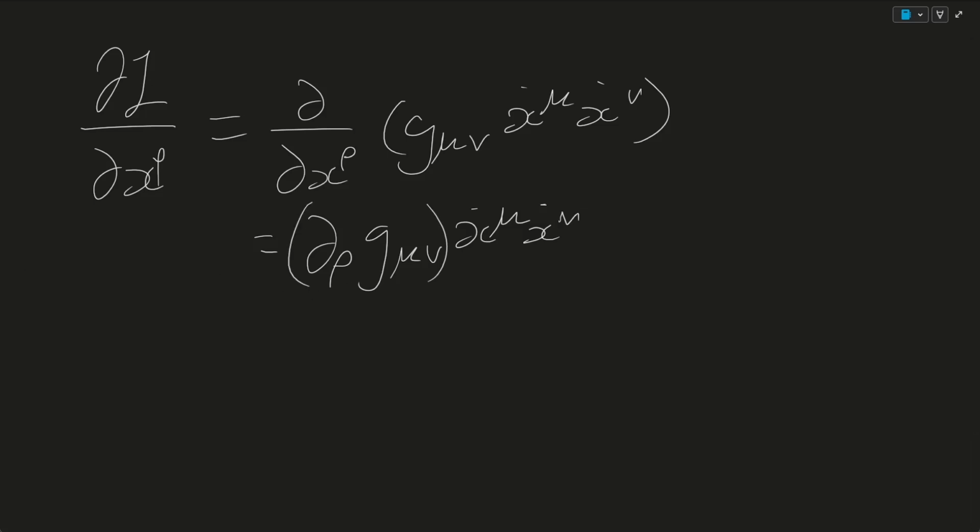The next step is the velocity derivative, which is partial of the Lagrangian over partial x dot rho, so the velocity at specific x rho. Now we have to use product rule because there's two x dots here.